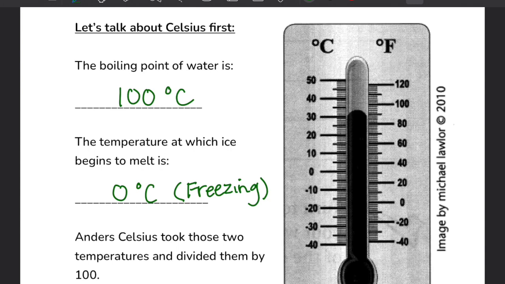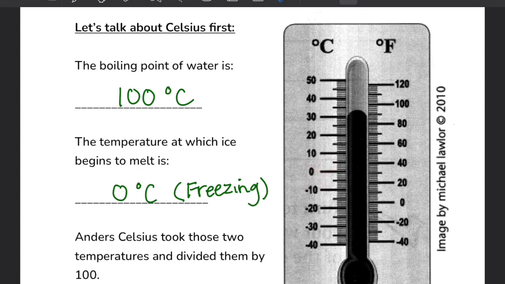Now, how was the Celsius scale created? Who devised it? A scientist by the name of Anders Celsius devised this, and he created something similar to the scale that we have today. It's not exactly it, but basically he noted the temperature at which water boiled, and then the temperature at which water freezes.